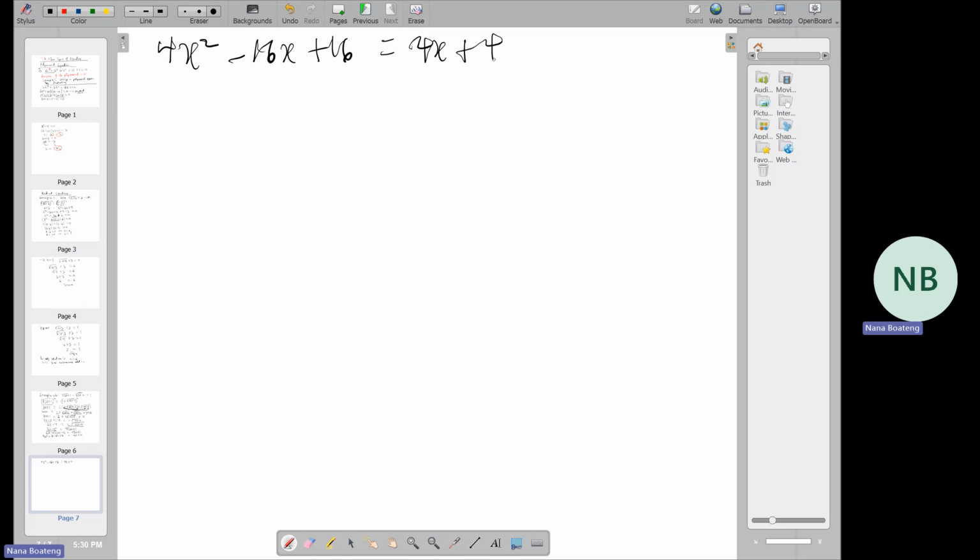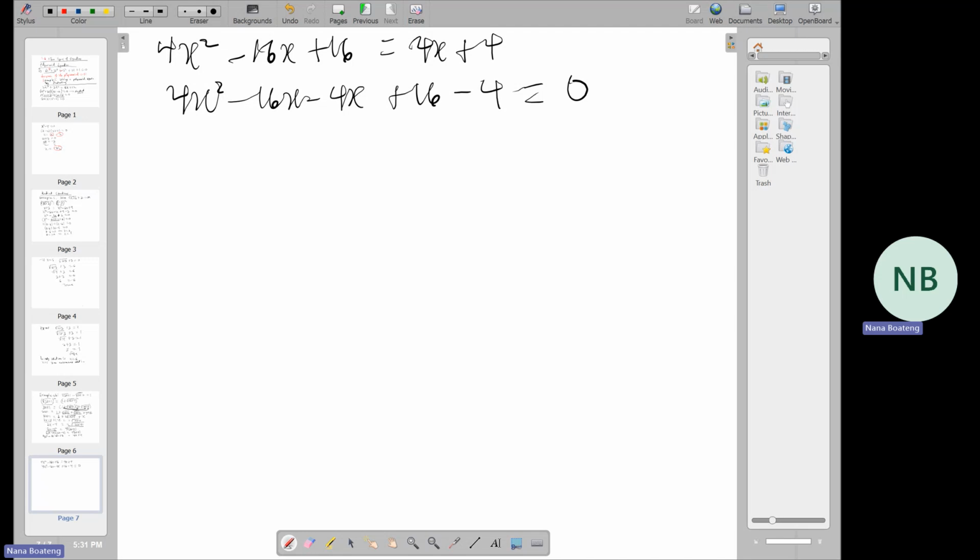All right, so let's group all the terms on one side. So we have 4x squared minus 16x minus 4x plus 16 minus 4 is equal to 0.